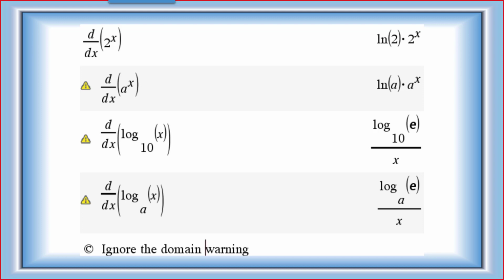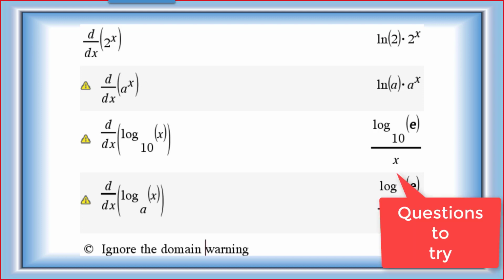And if I look at the last example, instead of base 10, I've got base a. So you can draw a parallel there as well. So it's always going to be log of e to whatever the base is, divided by x. Now I've just written over there, for the last three, the calculator gives a domain warning. So you can just ignore the domain warning on the calculator.